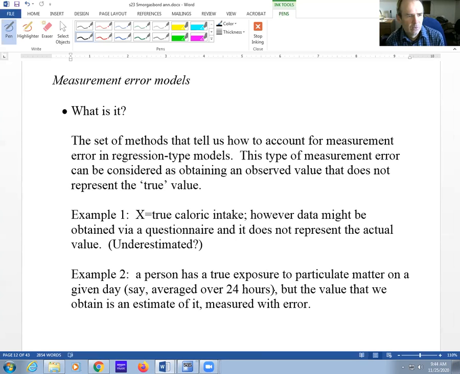And so if you use X based on a questionnaire, how many calories that you had on a given day, I would expect there would be error in that, if you do this in a large study. So the question is, how do you account for that error?